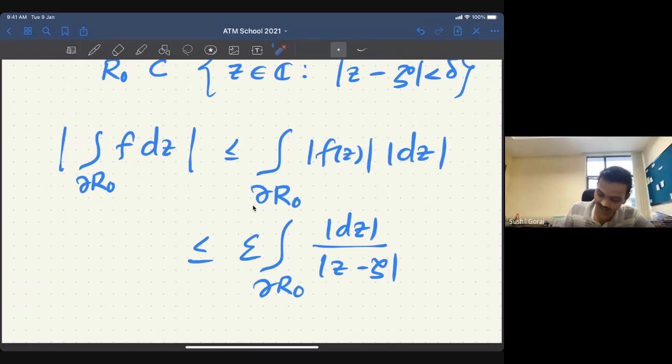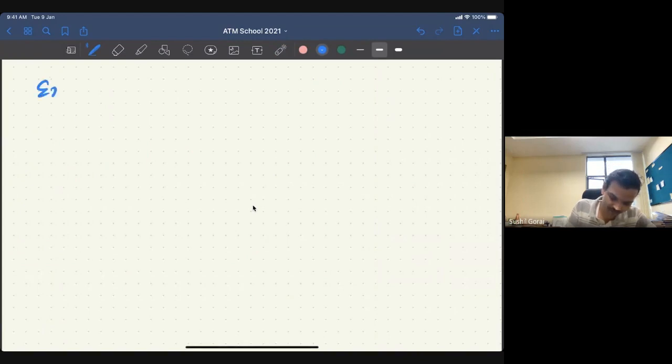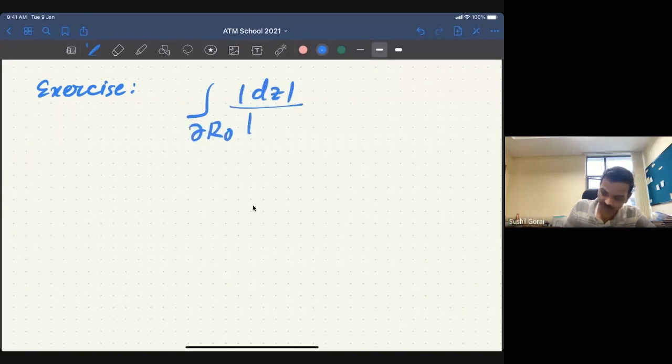At least in what I circulated, in those problems. If you have not done it, do that. I'll put it as an exercise. It is there in the tutorial. The integral over boundary of R naught of mod dz by mod z minus zeta is less than 8.